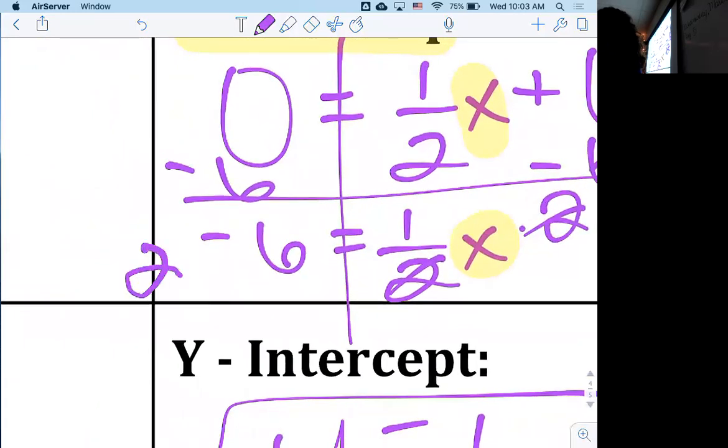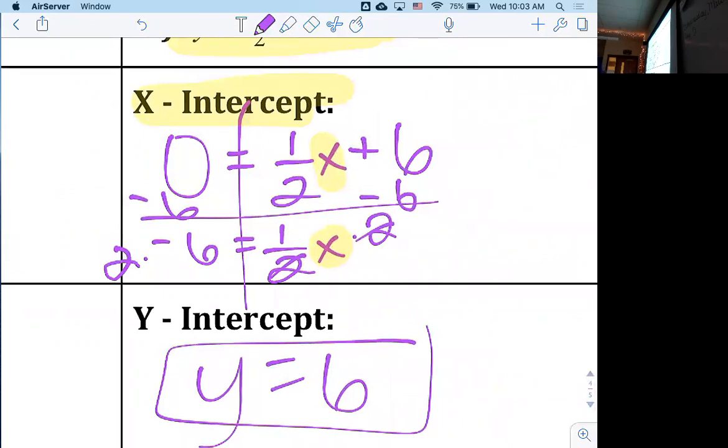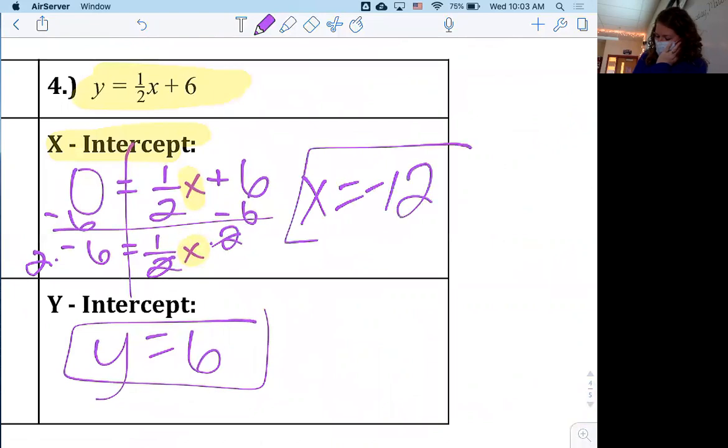So what do you get, Ty? I swear you had your hand up like a second ago. Oh, okay, all right. Yes, -12. Thank you, Nate. Okay, so to check, if you plug -12 back in for x, your y value should be 0.